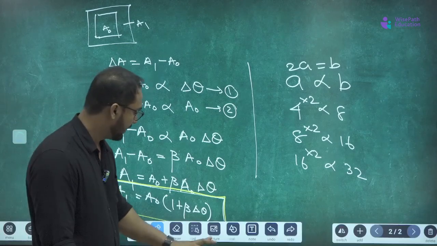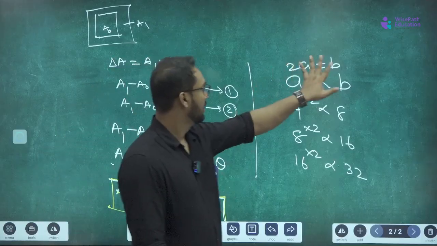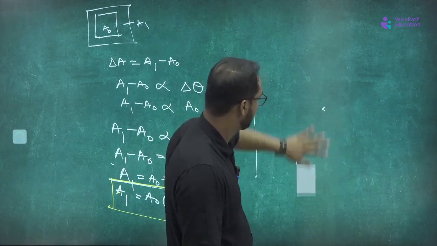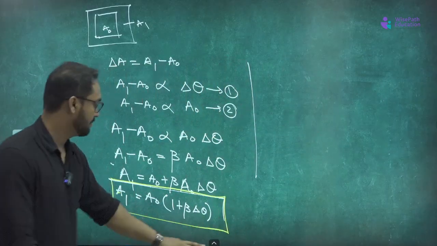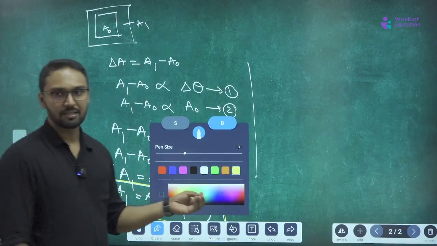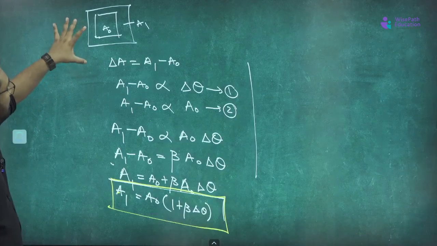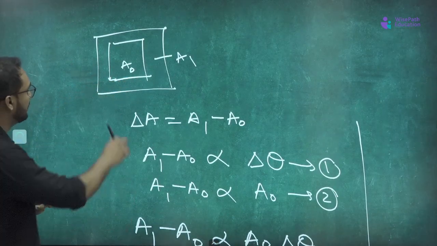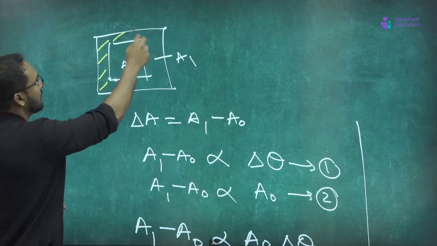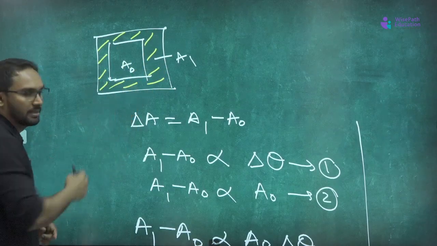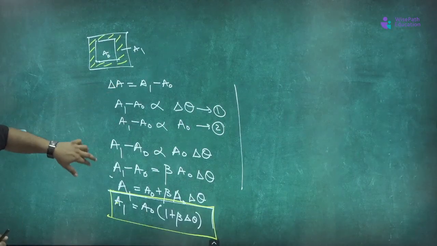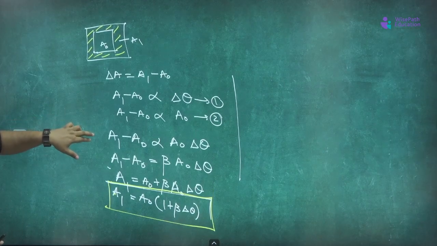And if you want to find the amount of area that was expanded, let's say this one, the amount of area expanded is this area. That means delta A. So if you want to find delta A, what would you do?